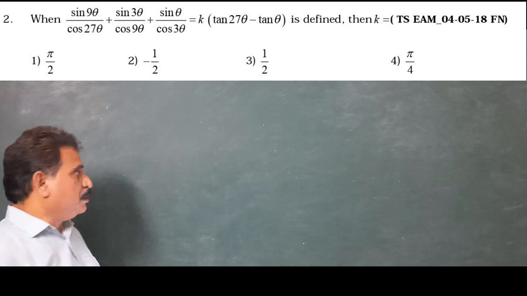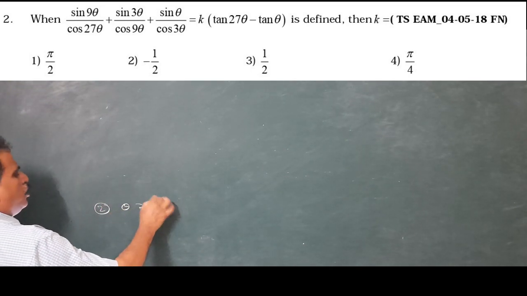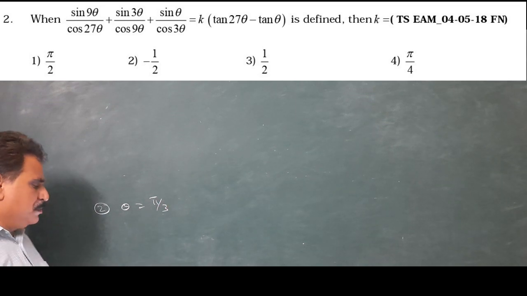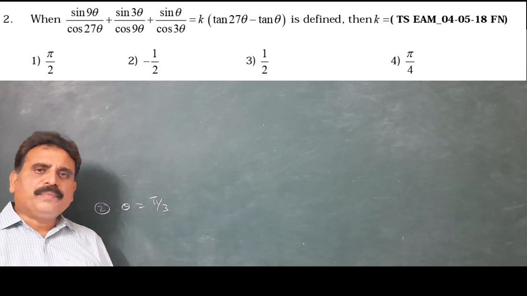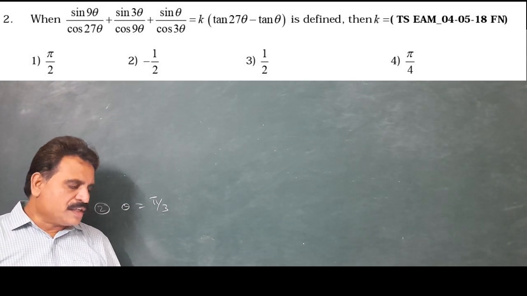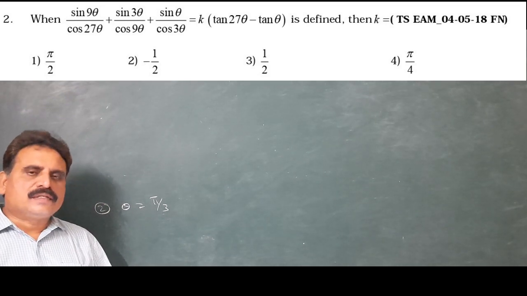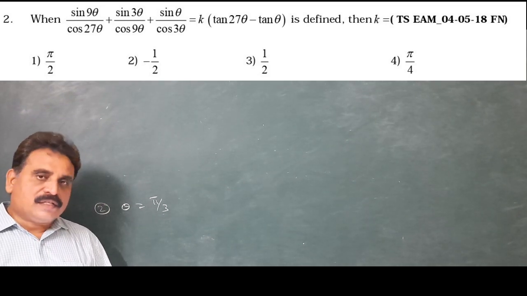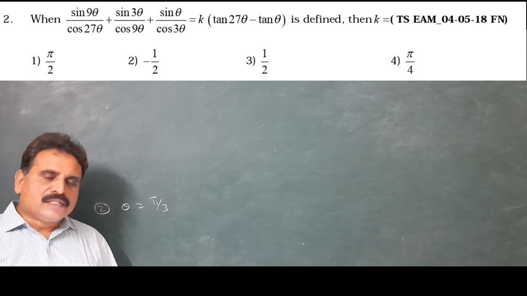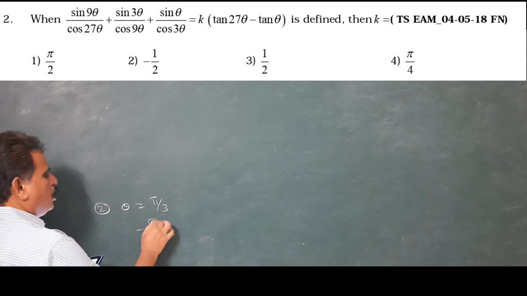Whenever you substitute theta equal to pi by 3, sin n pi is 0. So the first fraction is 0. The second fraction is 0. The third fraction: numerator is sin pi by 3, denominator is cos pi. Cos pi is minus 1. Sin pi by 3 is root 3 by 2. So we get minus root 3 by 2.